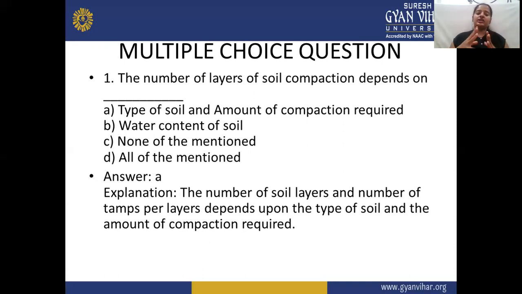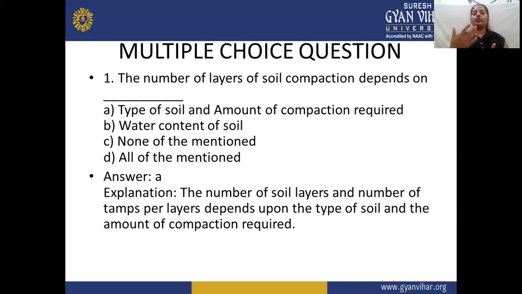We understand that until and unless we know which type of soil needs compaction, and every soil has its own different dry density and optimum water content for maximum compaction. So we should first understand the type of soil which is required, and second is the amount of compaction required.